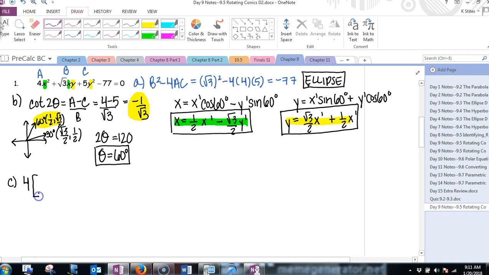4, and I'm doing 1/2 x prime minus root 3 over 2 y prime, and I'm squaring that. I guess I don't really need the brackets there, but oh well. Plus root 3 and x times y.